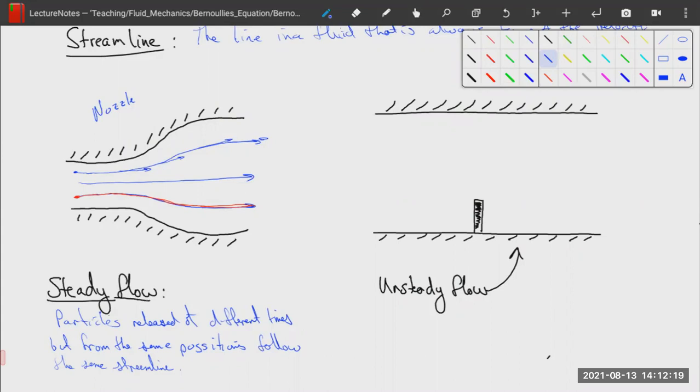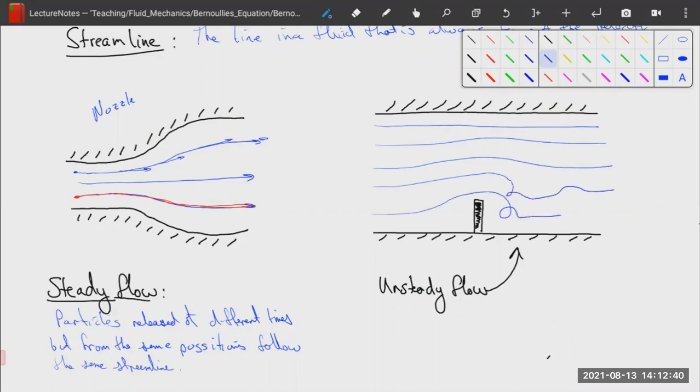In which case it'll look like this. Near the top, we might have fairly unchanged streamlines, but then there will be flow that rotates and curls and moves chaotically after this obstacle, because this obstacle is going to cause chaotic flow.